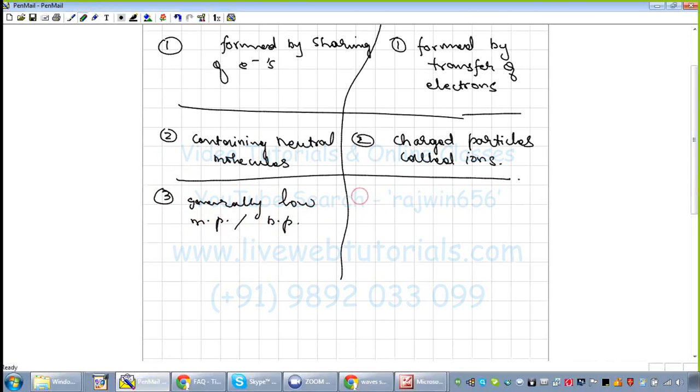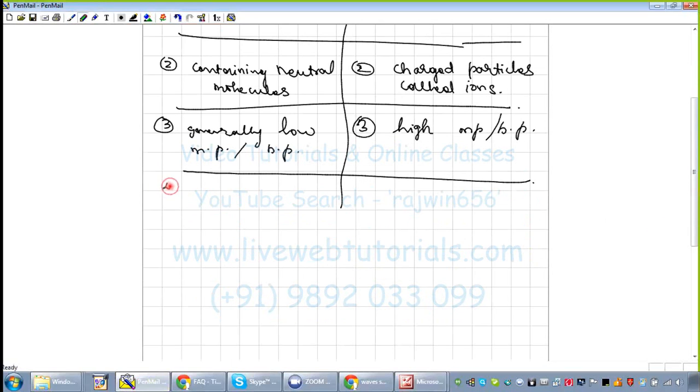Ionic compounds will have high melting and boiling points. Generally in covalent compounds the bonds are weak. Ionic compounds will have strong bonds.